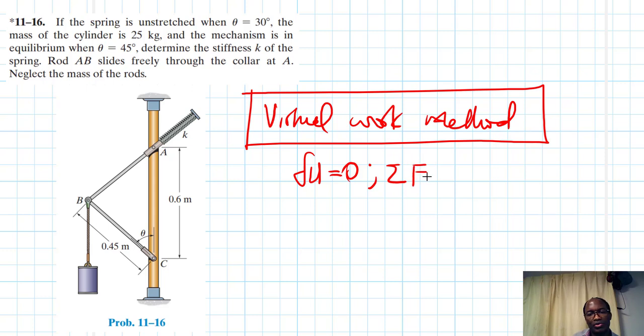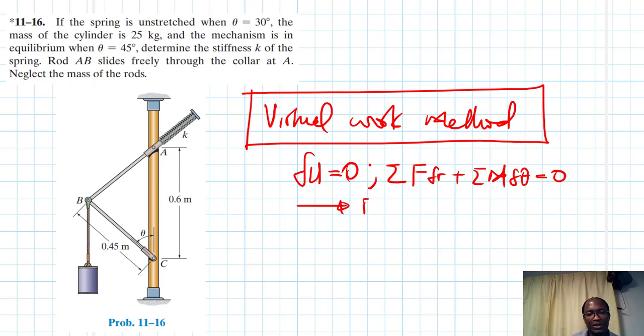This virtual work can be due to the product of a force and translation or virtual displacement. It can also be due to a couple moment, the product of couple moment and rotational virtual displacement. And when we sum up all the virtual work in a system, it is equal to 0.